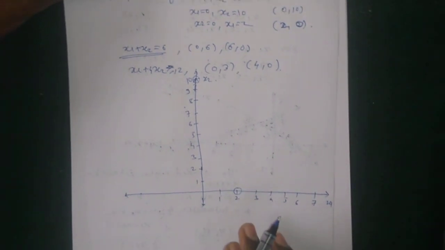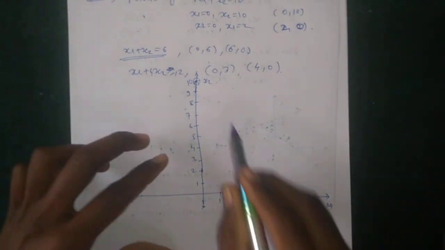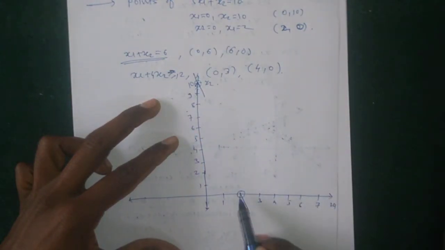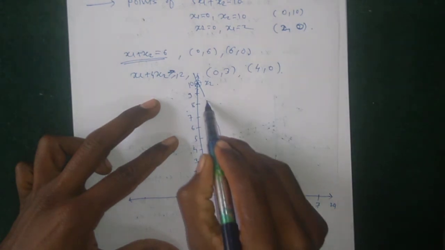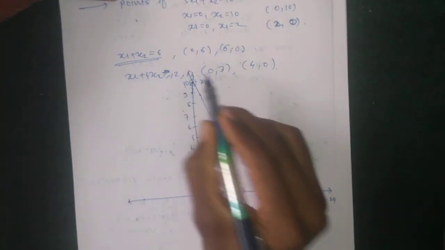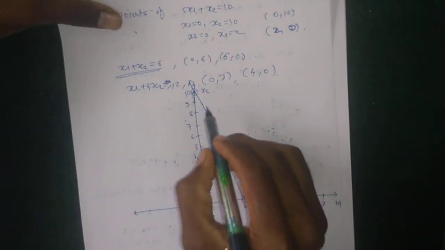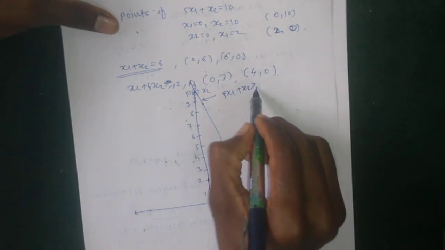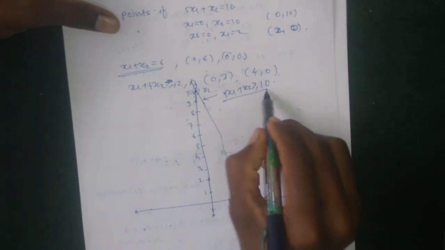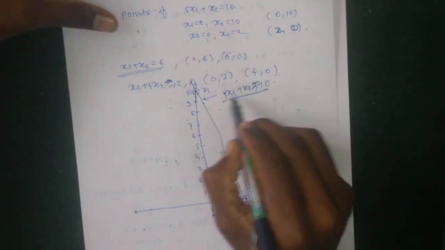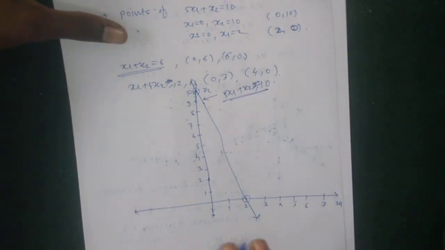Okay, join these 2 points. Okay, this is in this way. This is the first line, 5x1 plus x2 is greater equal 10. This is a greater equal sign. Okay, this line is an equal to, but this constraint is greater equal.